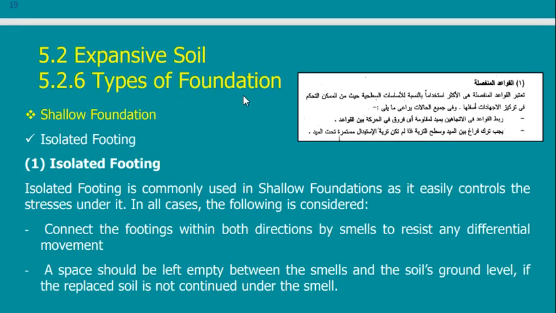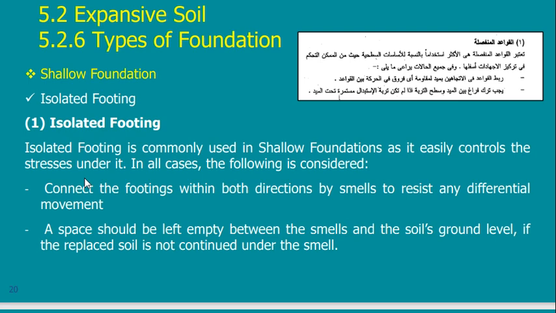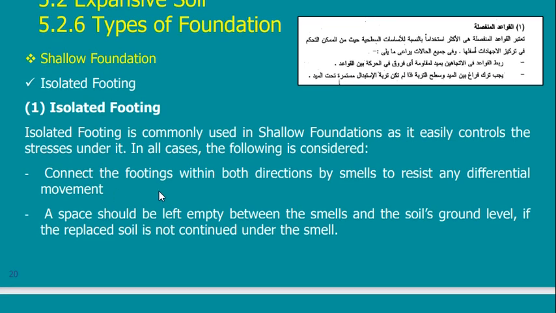Types of foundation. The best type of foundation is the isolated footings. We said why? Because it helps in relieving the stress. But in this case, if I use isolated footings, I have to be sure that all the footings will work together, because expansive soil does not mean that it will expand in all places to the same extent.